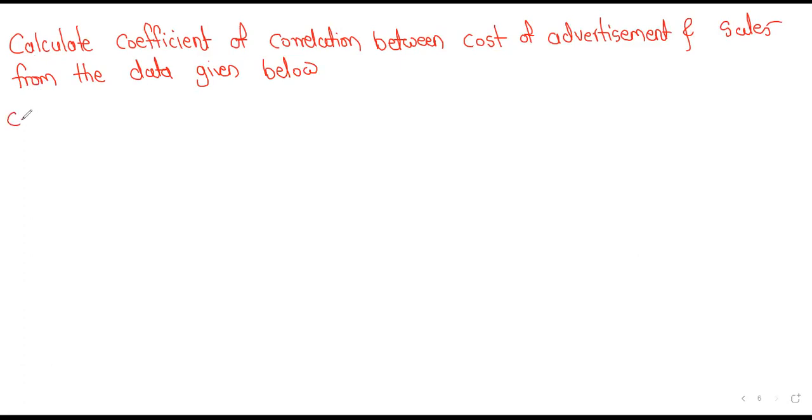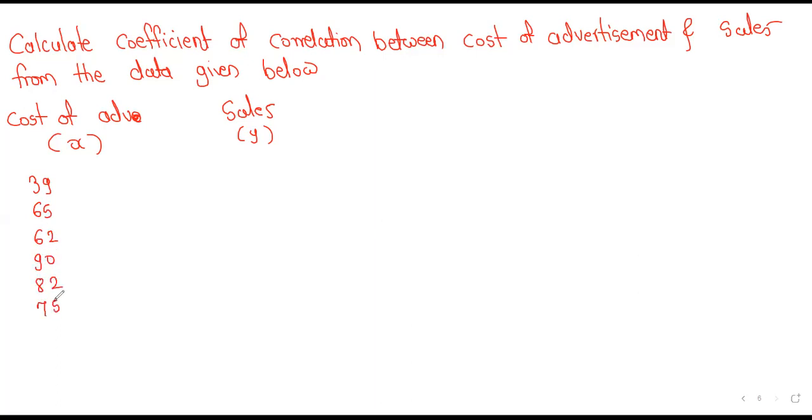Cost of advertisement is denoted by X and sales are denoted by Y. The values of X are 39, 65, 62, 90, 82, 75, 25, 98, 36 and 78.